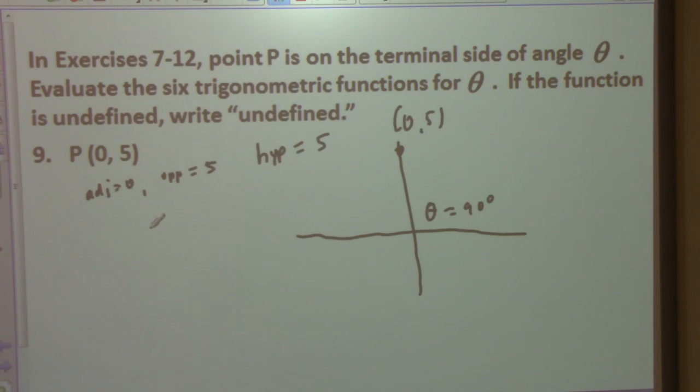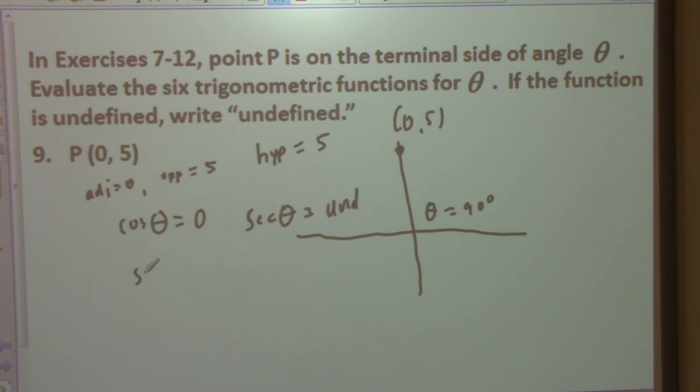And so this is an example of where your cosine is 0, because cosine of 90 degrees is equal to 0, so cosine theta is equal to 0, and secant of theta is 5 over 0, so that's undefined.